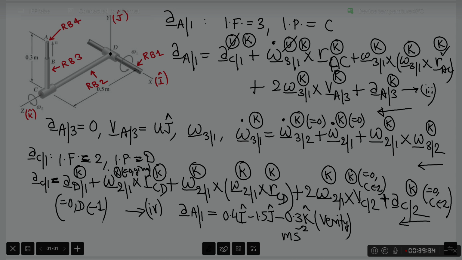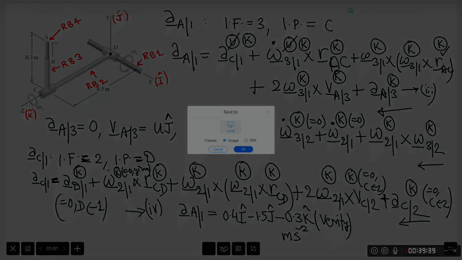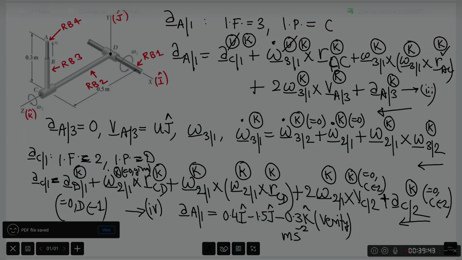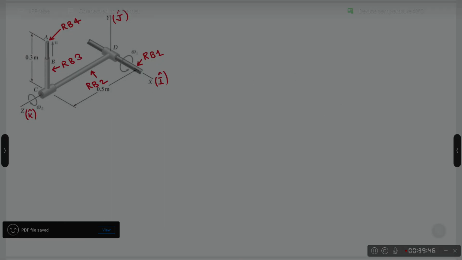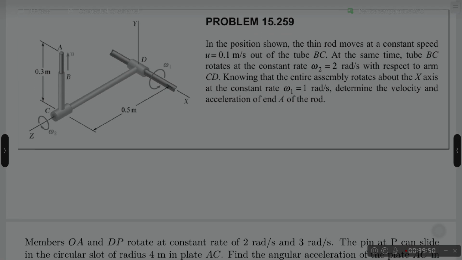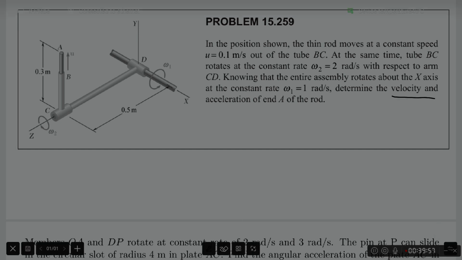That completes the solution of this problem. We were asked to find velocity and acceleration of the end of the rod with respect to ground, and we have completed it.